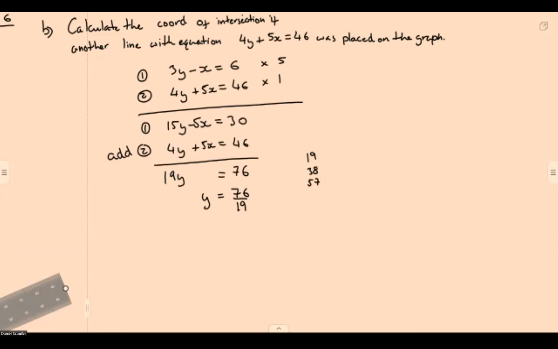Add another 19 onto that is going to give you 76. 1, 2, 3, 4. You don't have to do that. It's just a wee bit of additional working. Just makes sense in my head.